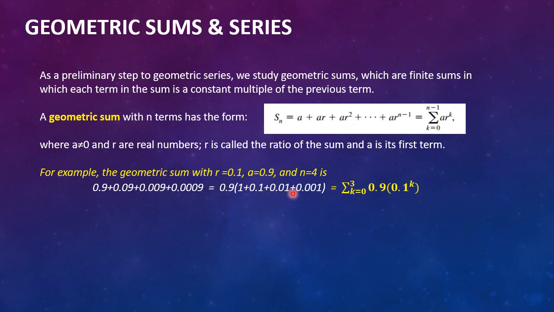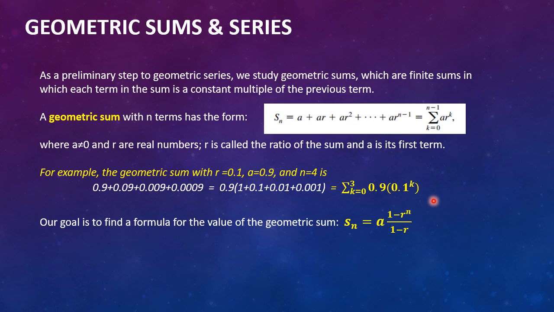And here we have all of those just done. A times 1 plus, I guess you could say, r to the 0 plus r to the 1 plus r squared plus r cubed. And you get this summation here.